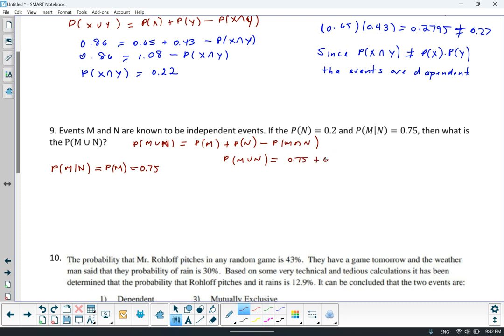And I know the probability of N is 0.2. And in order for me to get my answer, I need that joint probability. But since the events are independent, the probability of M and N is equal to the probability of M times the probability of N. So that's going to be 0.75 times 0.2.